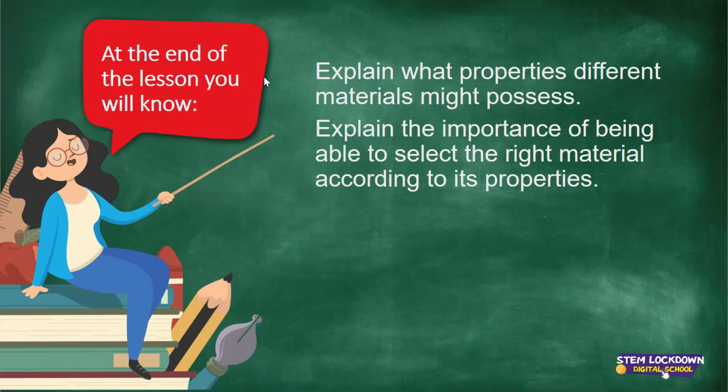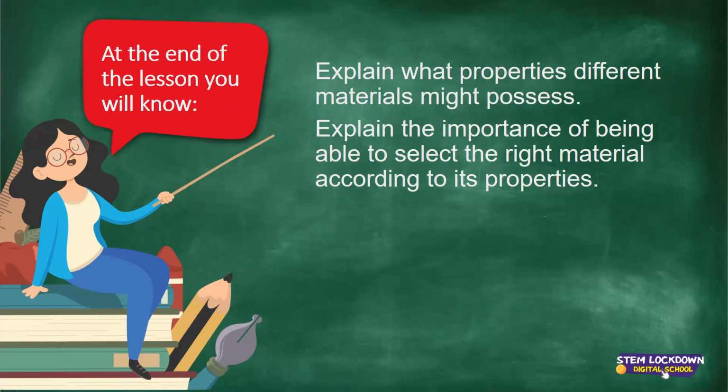Lesson objectives. You're supposed to explain what properties different materials possess, and explain the importance of being able to select the right material according to its properties. Different materials have different properties. For example, you'll have a plastic and a box. Those are two different materials, and each has its own properties.